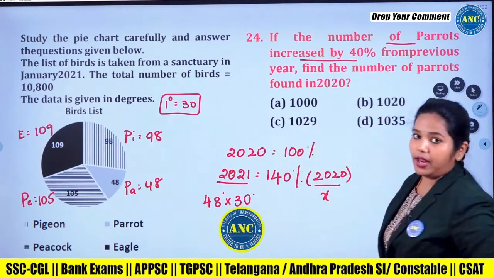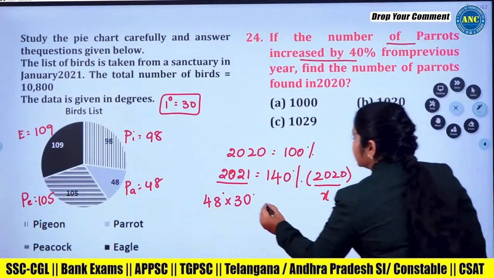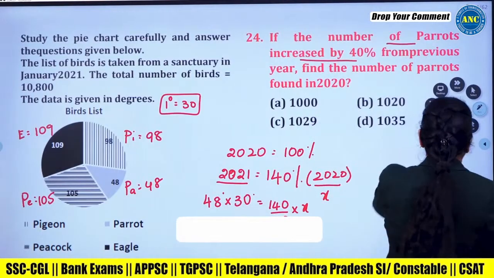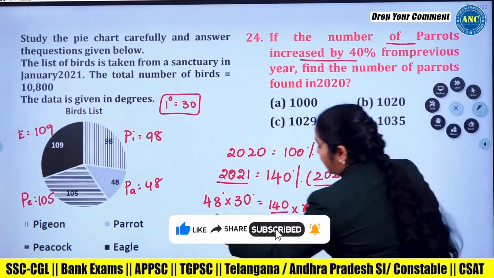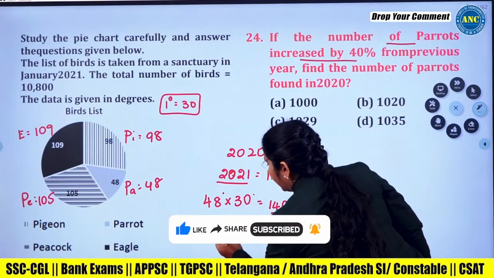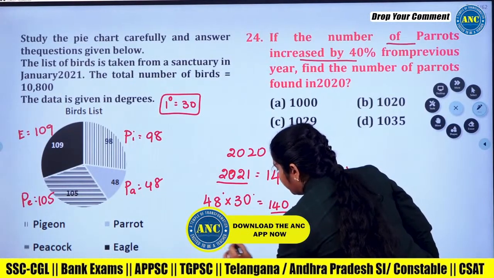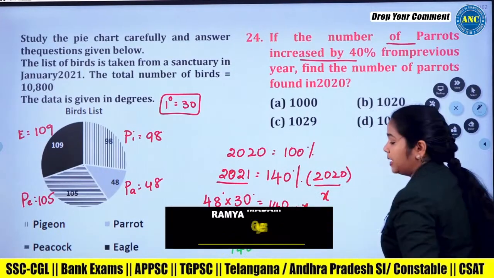In 2021, that is equal to 140 by 100 into x. So this will be 48 into 30 into 100 by 140, which is the value of 2020 parrots.